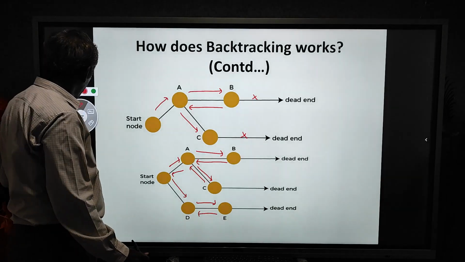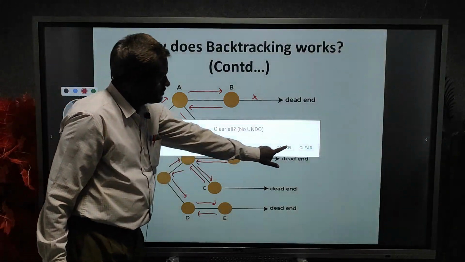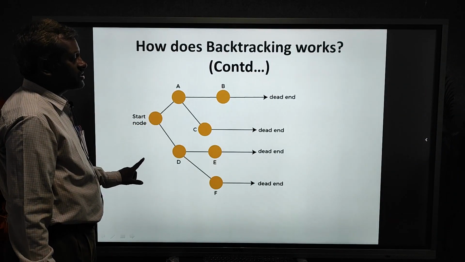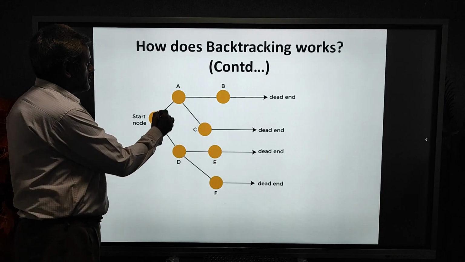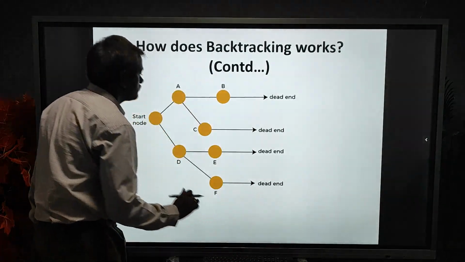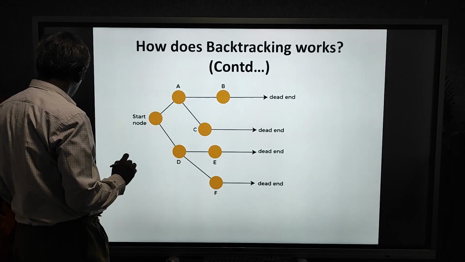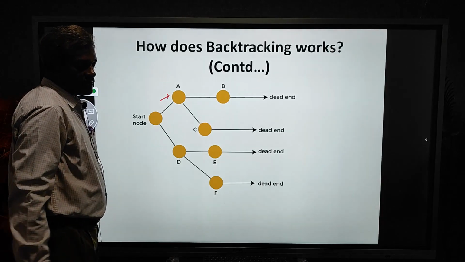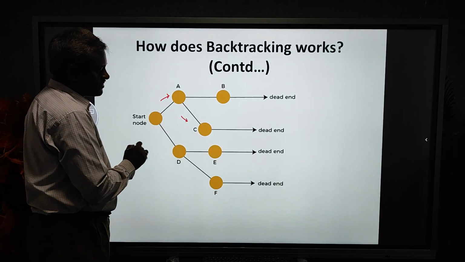In a similar way, I am going to check out here also. This direction is not possible for me. In this direction it is not possible. This is not possible.